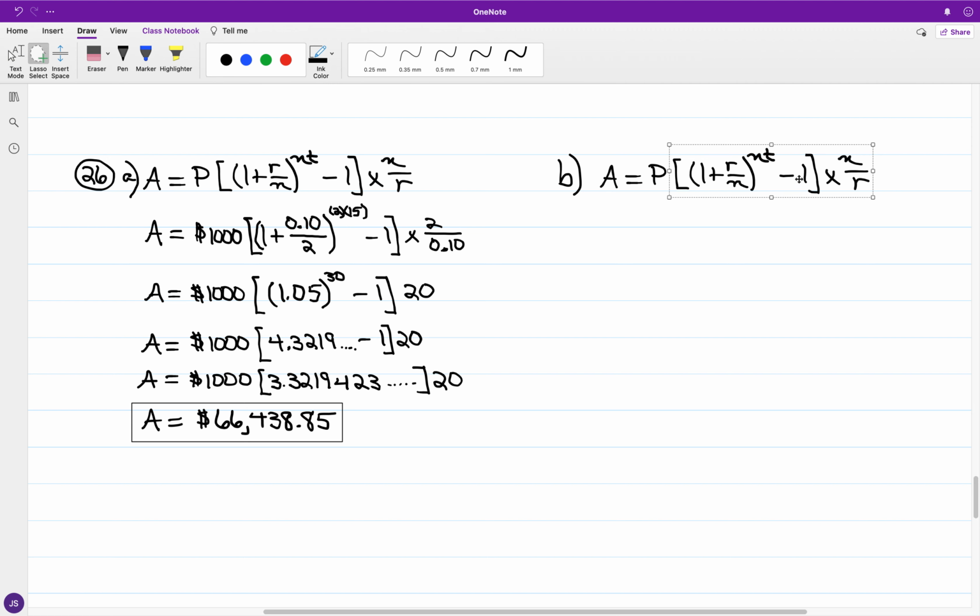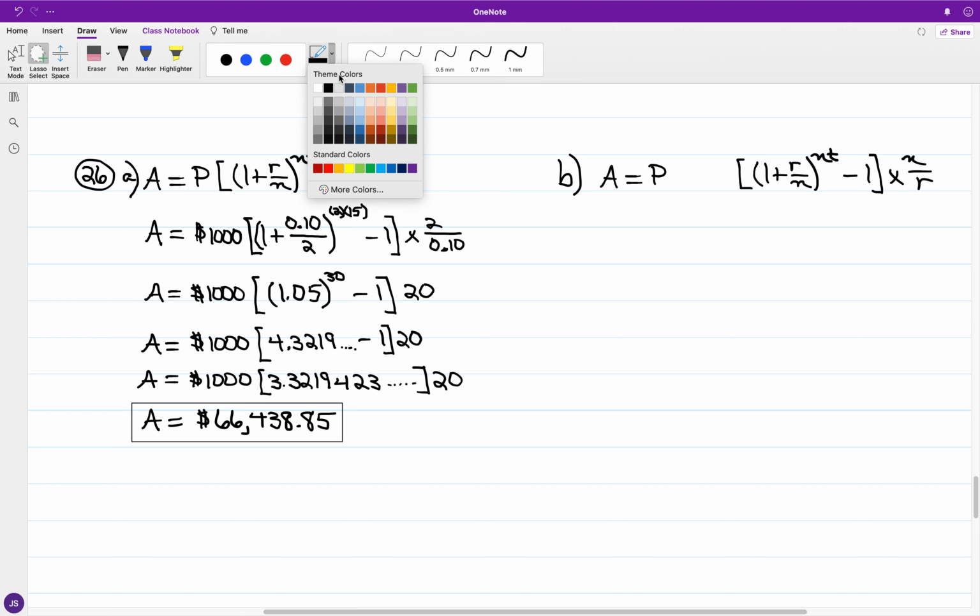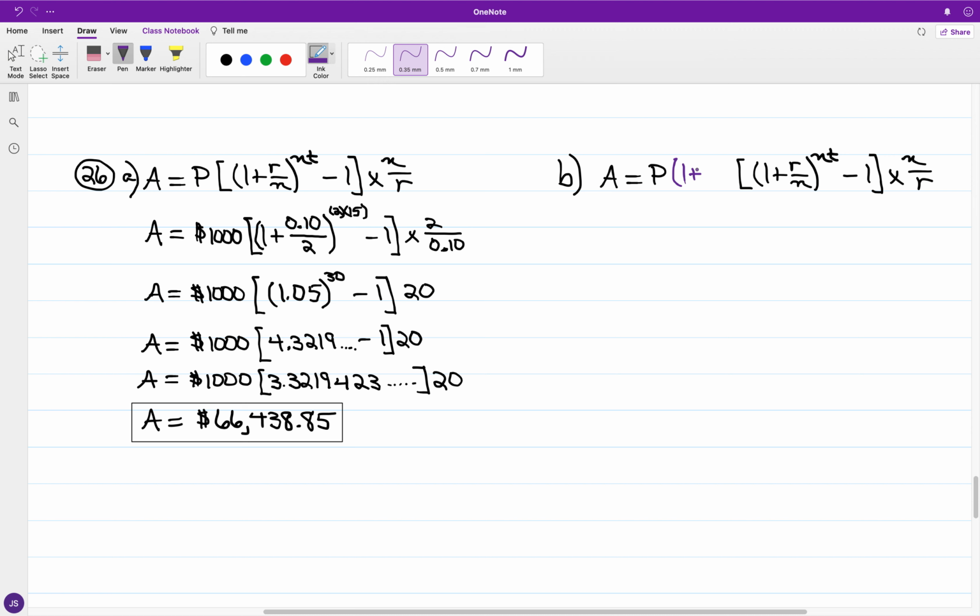And again, the difference is going to be the factor 1 plus r over n. So everything from P times what's in the brackets times n over r, I got that part from part A, and the difference with the theoretically maximum attainable amount, you have this factor 1 plus r over n.